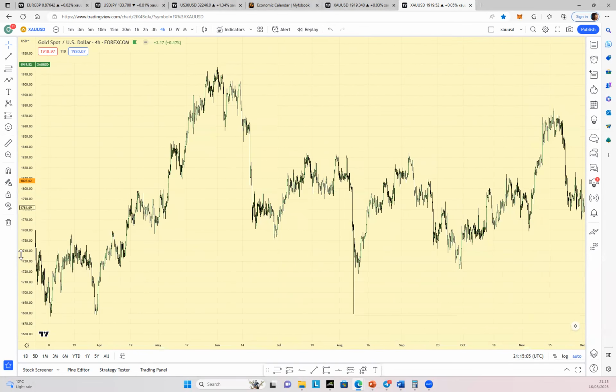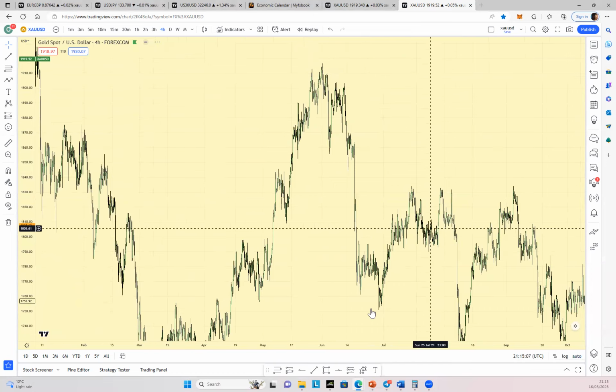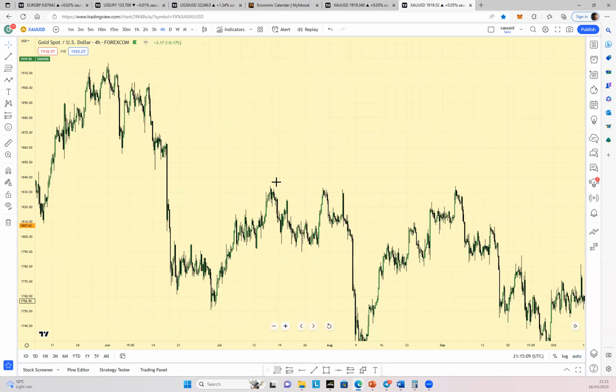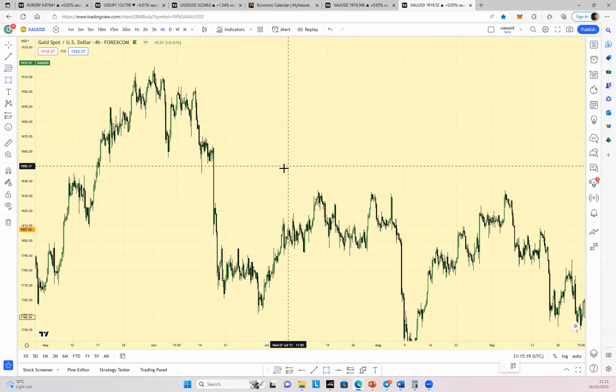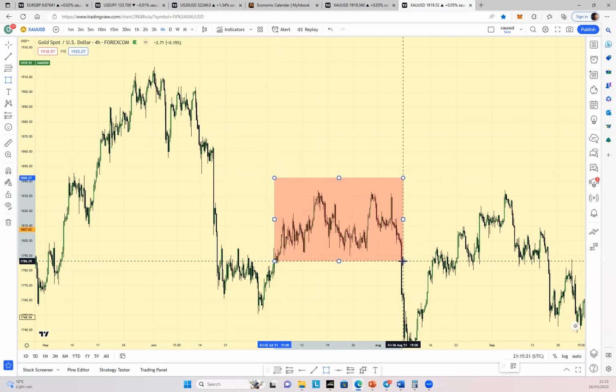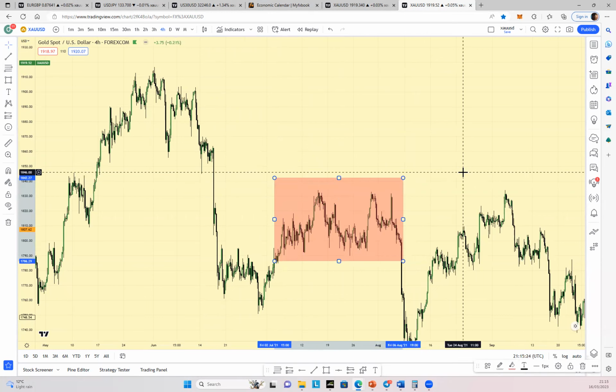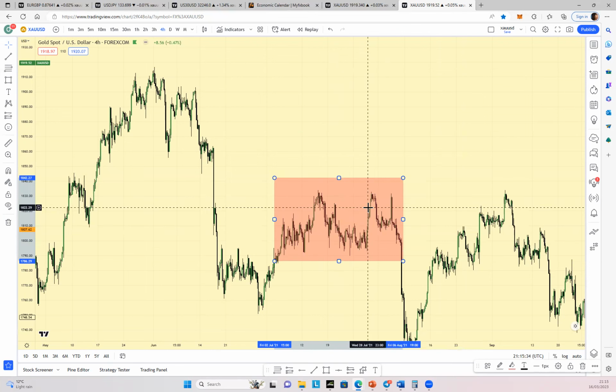Okay, so I'm going to ask the question. Mike, are you on the call? What trend do we see here? Upward. What makes it up? This thing that I highlighted.